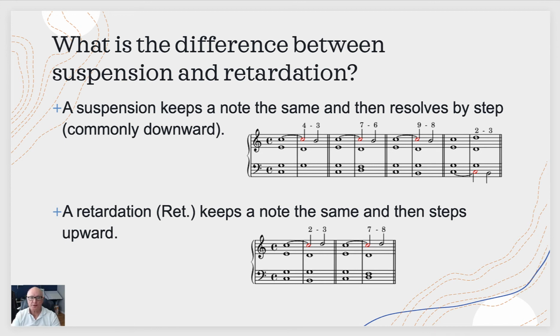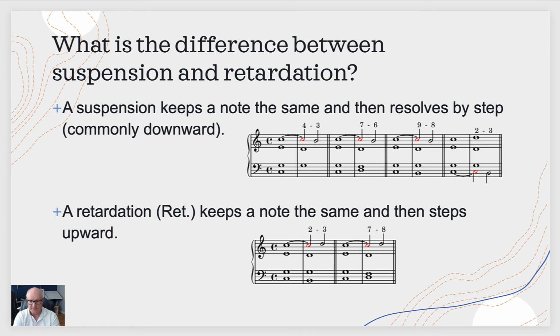So those suspensions that I have for you on this particular example are the most common and virtually the only ones that we think about with respect to diatonic chords. The 4/3, the 7/6, the 9/8, and the 2/3. And the numbers, once again, indicate the note above the root of the chord that's being resolved.